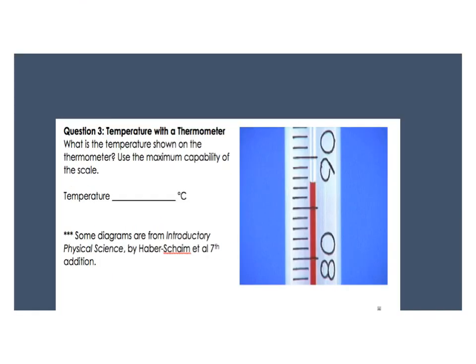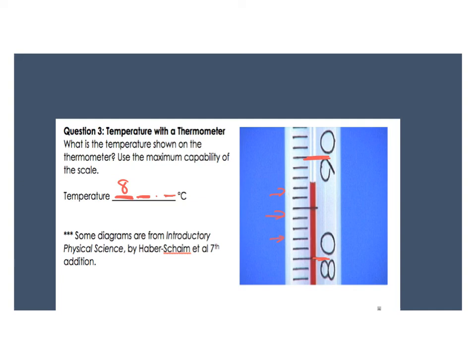And last but not least, we have a thermometer. What's the temperature on the thermometer? Use the maximum capability of the scale. So here's 80, here's 90, so that's going up in the 10 spot. There are lines that are smaller than those, so that's in the 1 spot. So that means we're going to estimate in the tenths. Okay, so I'm going to look.